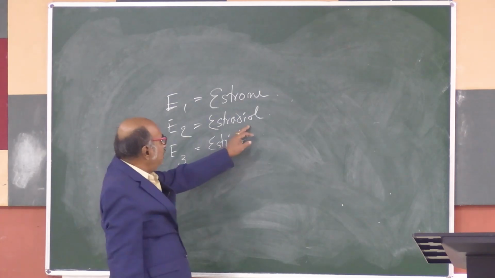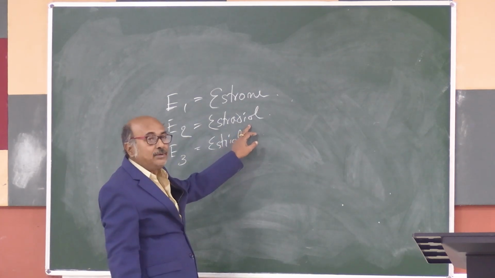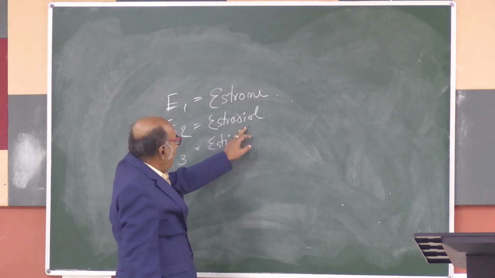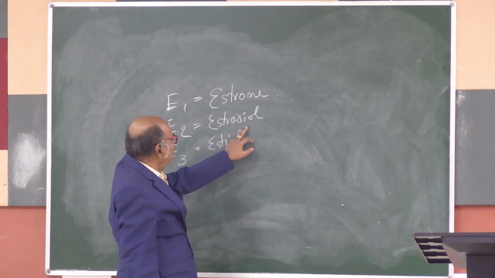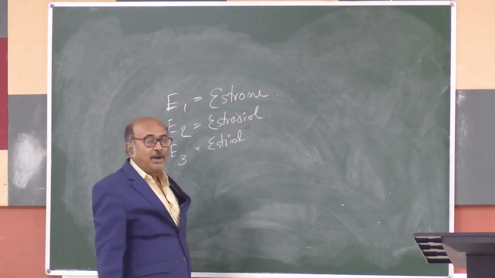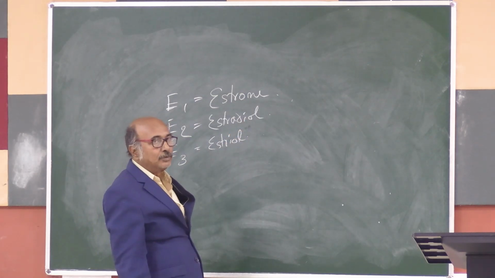Now, estradiol is the most predominant estrogen in the woman's reproductive age group, and this estradiol is mainly liberated by the ovaries.